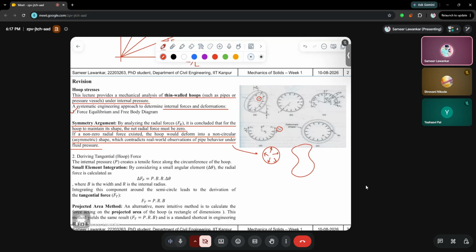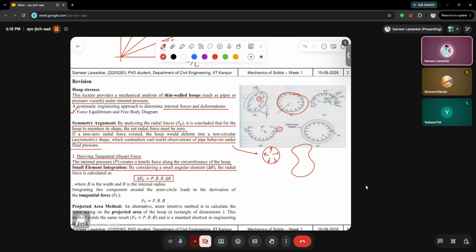Okay. Now moving to the derivation of tangential force, which is nothing but the hoop force. The internal pressure P creates a tensile force along the circumference of the hoop. How to calculate it? Using simple integration, or the second method which the sir explained, the projection method. By considering a small angular element delta theta, the radial force is calculated as delta Fp equal to P into B into R into delta theta.